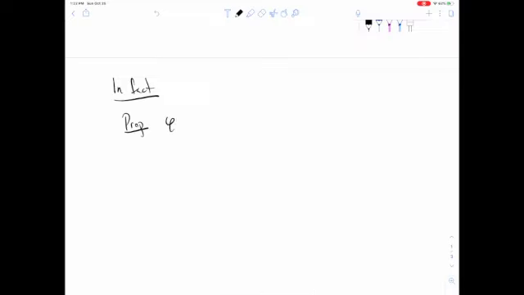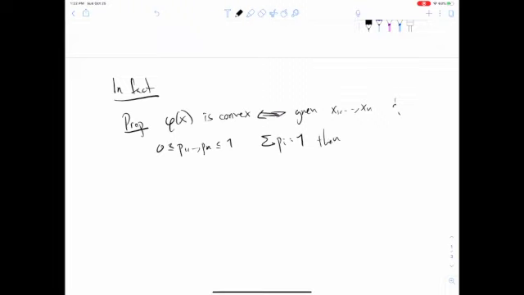Let's say phi of x is convex if and only if, given x1 through xn, some x values, and some p values, p1 through pn, between 0 and 1 with the sum of the pi equals 1, then phi of the sum of the pi xi is less than or equal to the sum of the pi phi of xi.